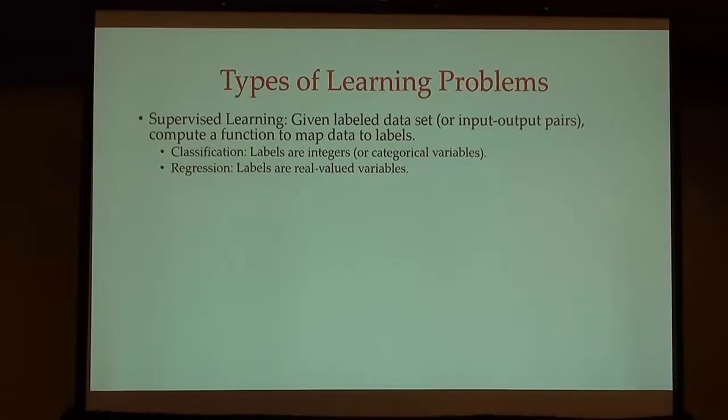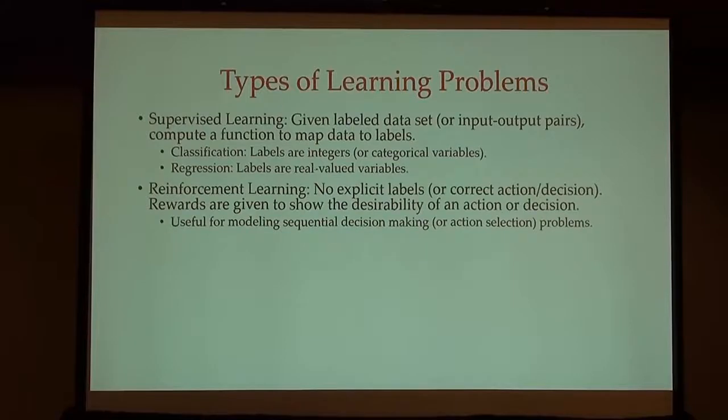Okay? At its core, mathematically, the question is that of function approximation. There are two types of problems, called classification or regression problems, depending upon whether your labels are integers or real variables.